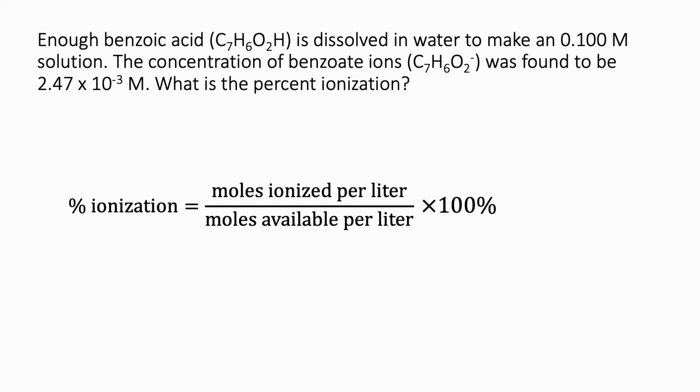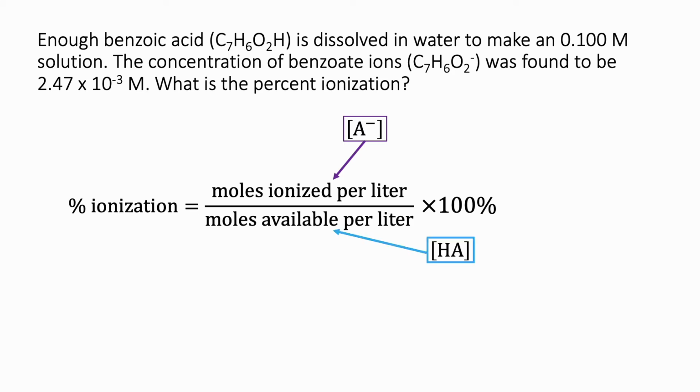So quick application of that. Here we have benzoic acid, which is a solid acid, being dissolved in water to make a 0.1 molar solution. And then you go through and you find the concentration of benzoate, the conjugate base of benzoic acid, and you find that's 2.47 times 10 to the minus third molar. So we go to our equation, and we're looking for the ionized number of moles or concentration for the numerator of our fraction, and that would be our A minus concentration.